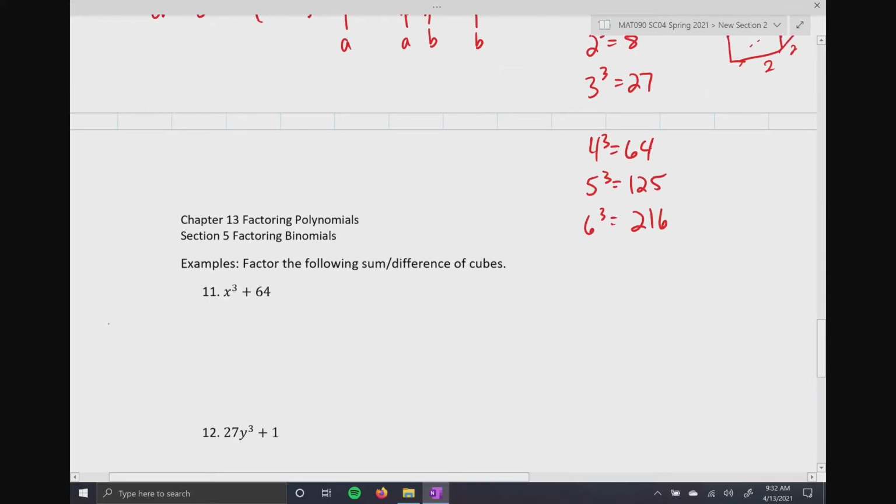So what I'm going to do is label. So in this situation here, A is X and B is 4. I'm going to actually write the formula directly above, just so we can see how this works.